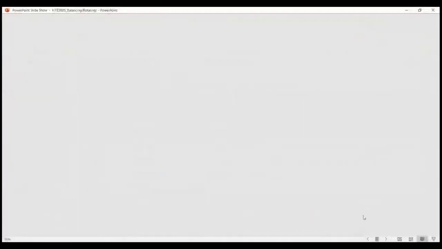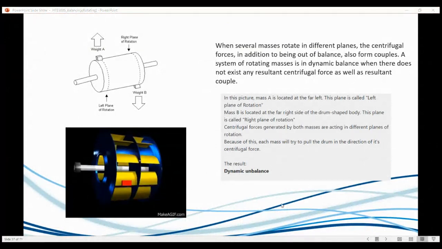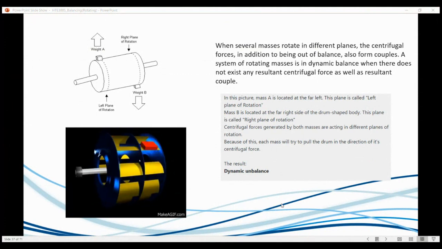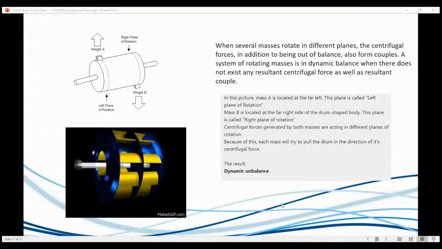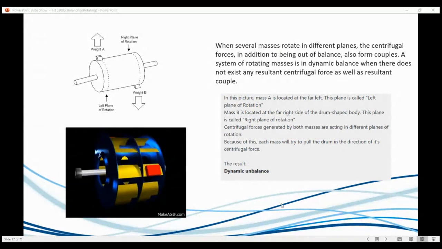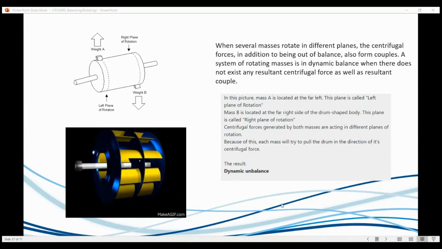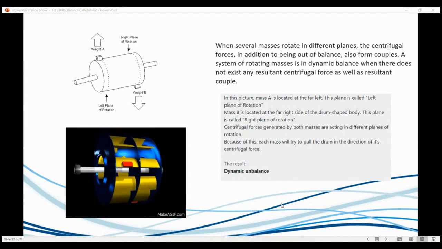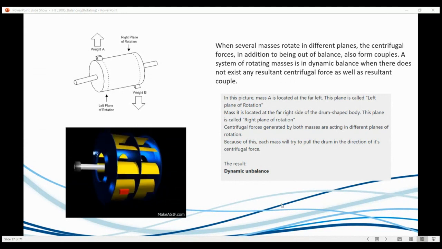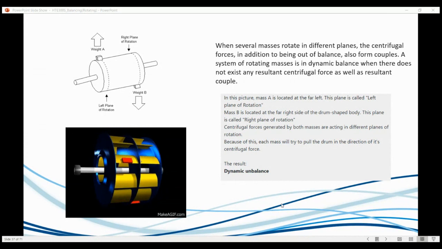So where does dynamic balancing come to the fore? We talked about static balancing being the vertical up and down, whereas dynamic balancing has two parts: up and down and the left and right. Essentially, this analysis comes forward when there are several masses rotating in different planes. So in this case, this is the case of different planes.